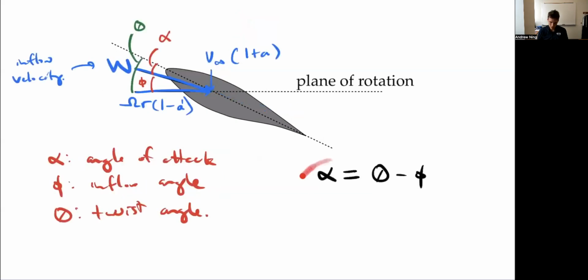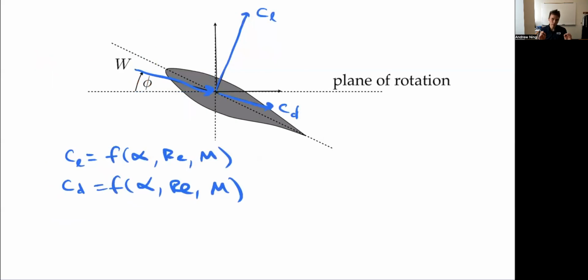And notice that I already have angle of attack. That's the primary parameter. That's the most important. Reynolds number and Mach number may be important, right? It depends. For a propeller, if we get to high speeds, then Mach number corrections will be important, and we'll discuss those a little bit more next time. Reynolds number, often that's going to be built into our data, and we usually won't vary it too much, so it may not be important to include that, but there are also Reynolds number corrections we could add in.